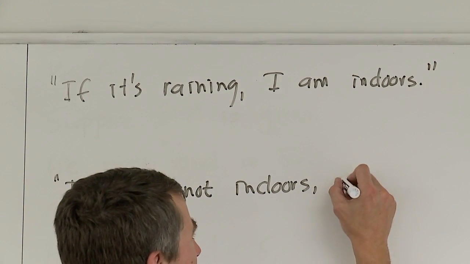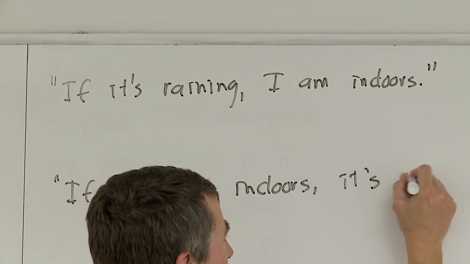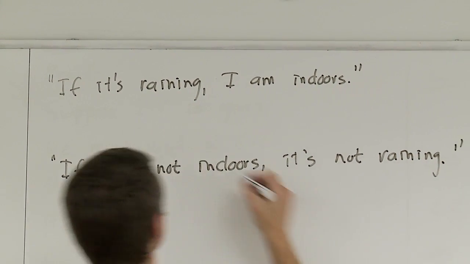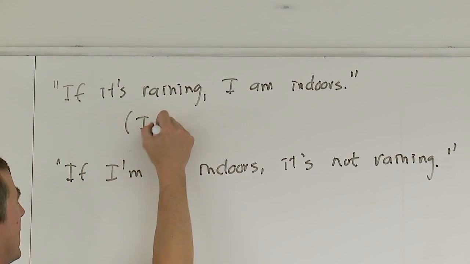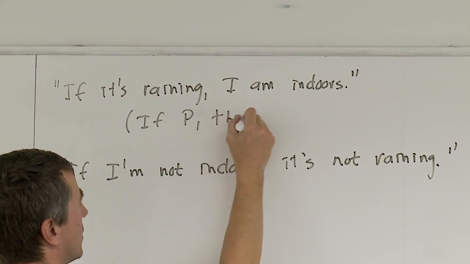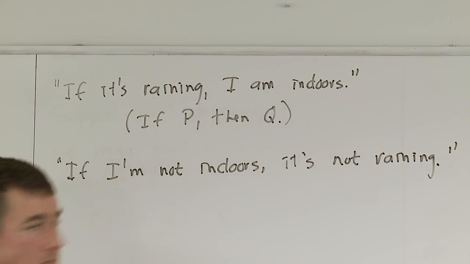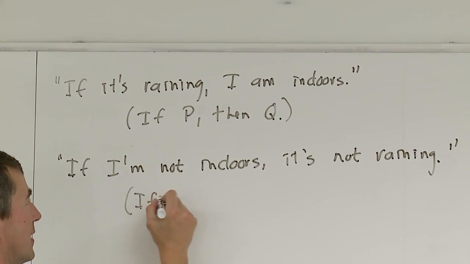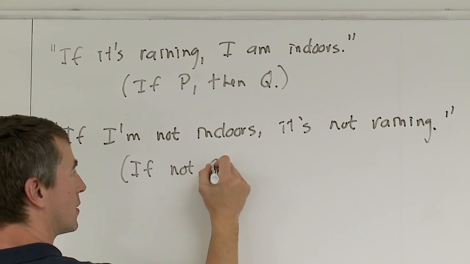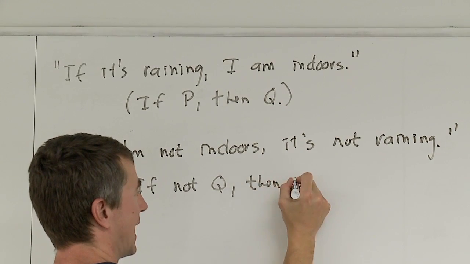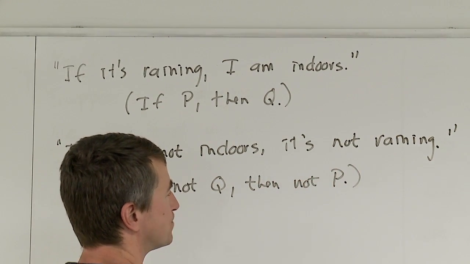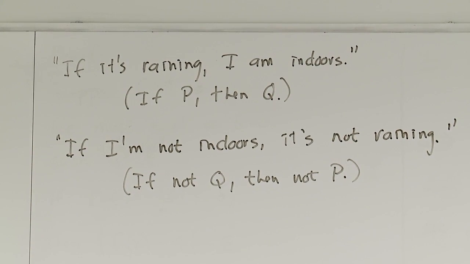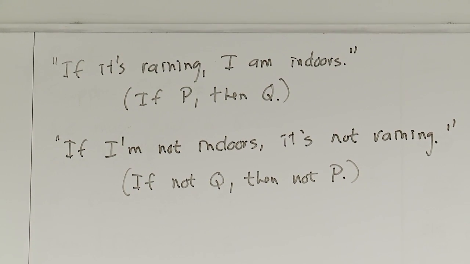So if I'm not indoors, then it's not raining. This first statement was of the form if P, then Q. The second one, which is exactly logically equivalent to it, is if not Q, then not P. Those two statements are saying exactly the same thing.